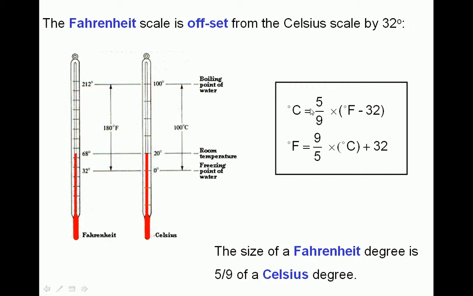So to take that into account, we have to subtract 32 from our Fahrenheit scale to get the 0 in the right spot, and then we have to take into account that each degree is only 5/9 of a Celsius degree. So here's our formula for converting from Fahrenheit to Celsius, and then a simple rearrangement of that gives us our formula for converting from Celsius to Fahrenheit.